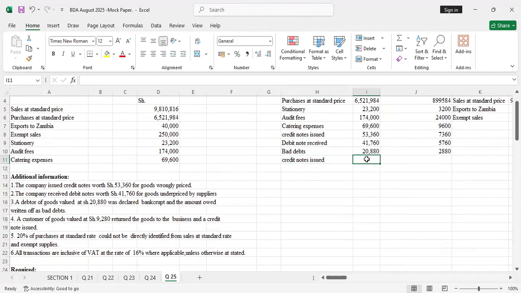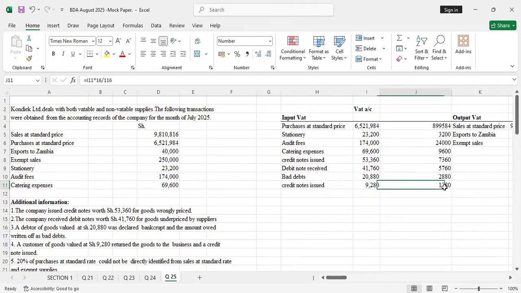Yeah, so the amount was 9280, and it's calculating automatically. It will calculate automatically, 16 over 116. Yeah, so that's okay.